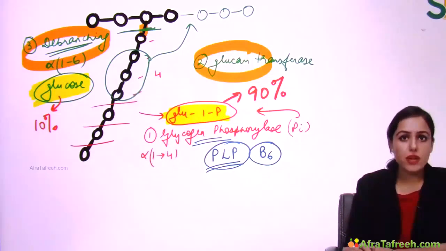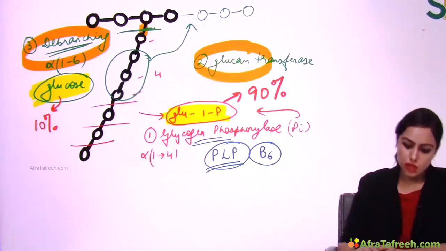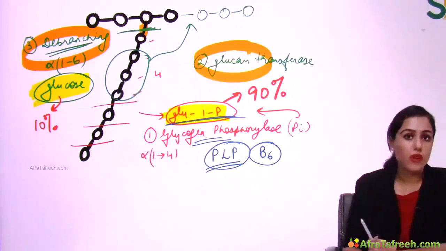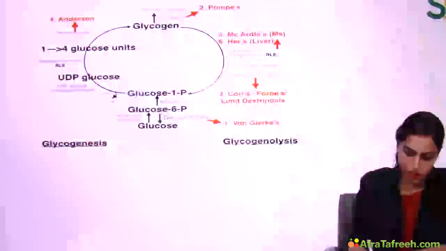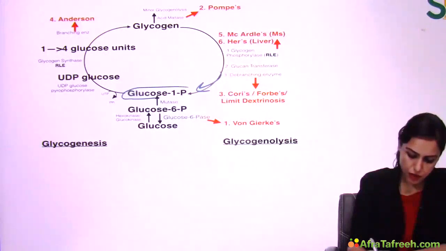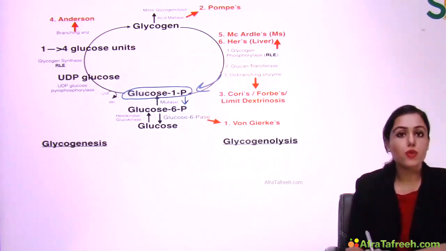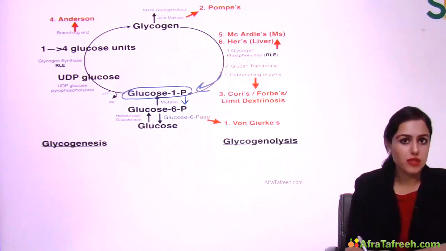So what is the major end product of glycogenolysis? Major end product is glucose 1-phosphate. So in the chart now I'm going to write glucose 1-phosphate in the end. See here in the end of glycogenolysis we have written glucose 1-phosphate because this is the major end product. Now glucose 1-phosphate will be converted to glucose 6-phosphate with the help of the same enzyme, mutase.